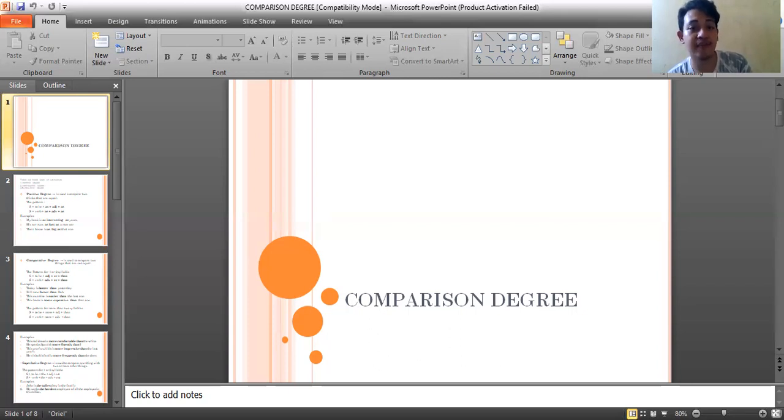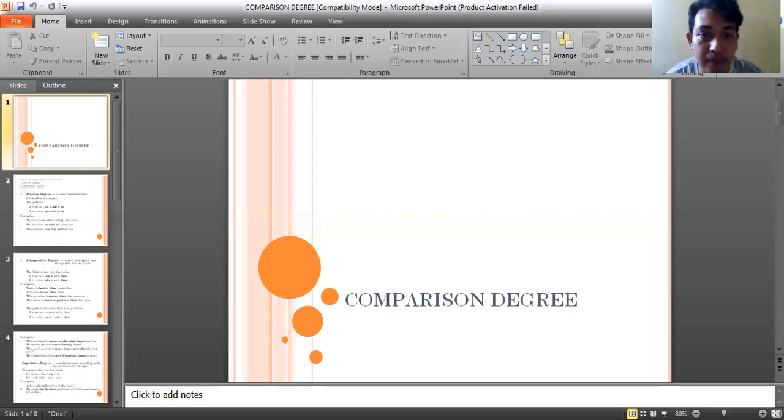Further: the comparative is further, the superlative is the furthest. Good: the comparative is better, the superlative is the best. Well: the comparative is better, the superlative is the best. Little: the comparative is less, the superlative is the least. Much or many: the comparative is more, the superlative is the most.